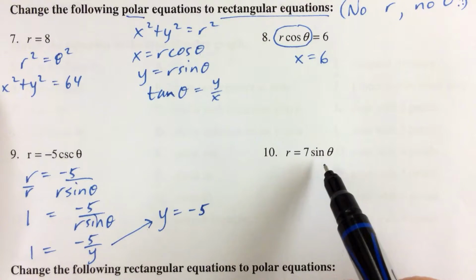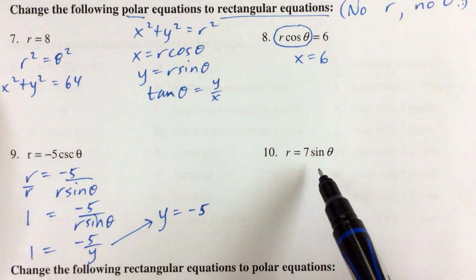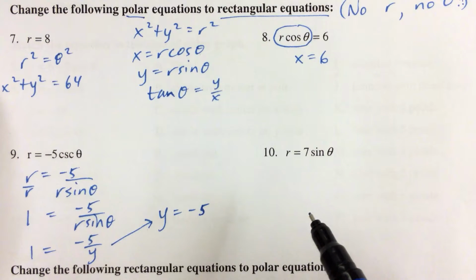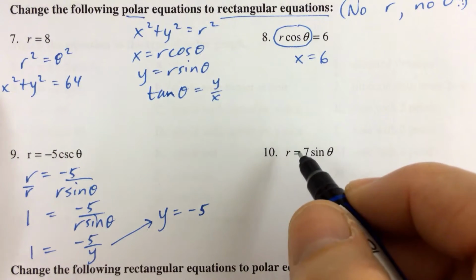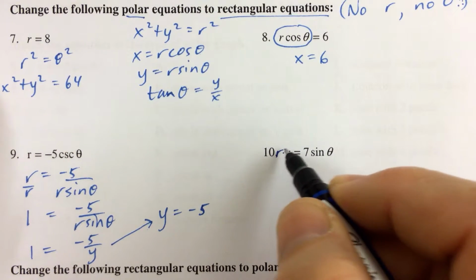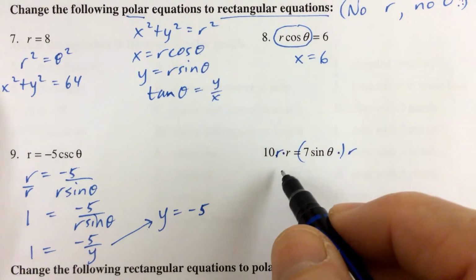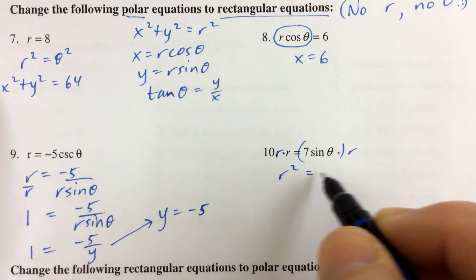We don't have a convenient translation for that. Anyway, if we square both sides, again, that's bad. If we multiply both sides by r, though, that's another way of getting an r squared in there. And so if we multiply both sides by r, we get r squared on the left.